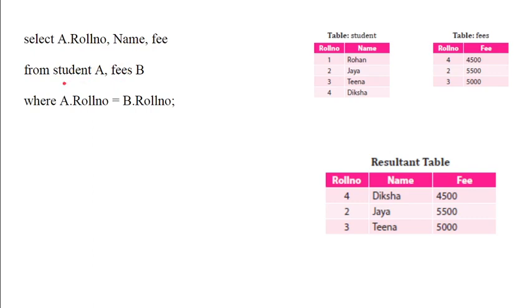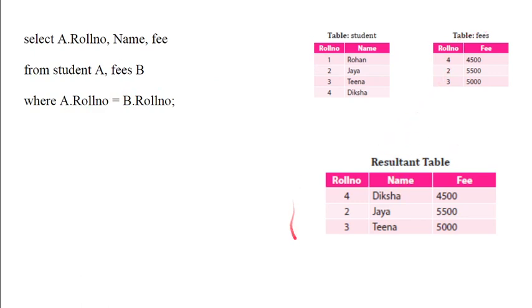In Cartesian product or equijoin, we have to specify both the tables. Then in equijoin, we have to specify the condition. What is the condition? Where student dot roll number equal to fees dot roll number.